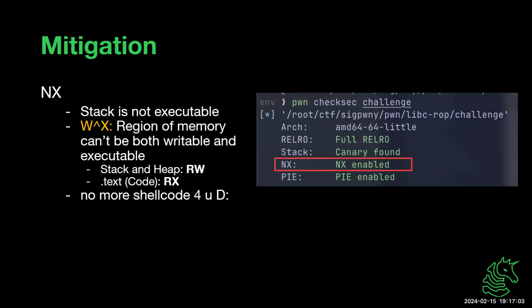In this case, the stack is not executable. And this is part of a broader thing called W XOR X, which is that any region of memory shouldn't be both writable and executable. But yeah, no more shellcode for you. So sad face for now, but not for long, guys.